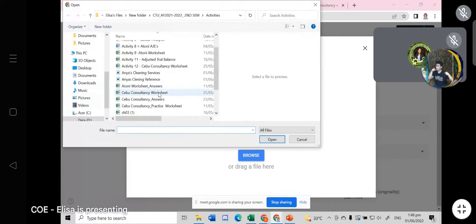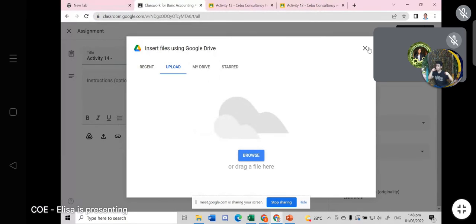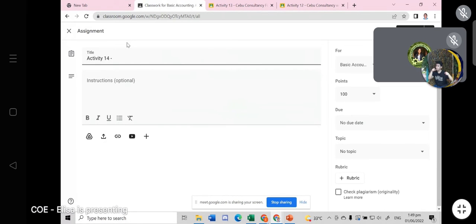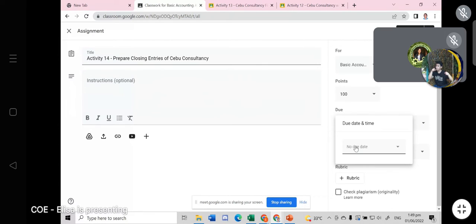What you will do is prepare and post closing entries, using the Cebu Consultancy worksheet, together with activities 12 and 13, so look for the closing entries.